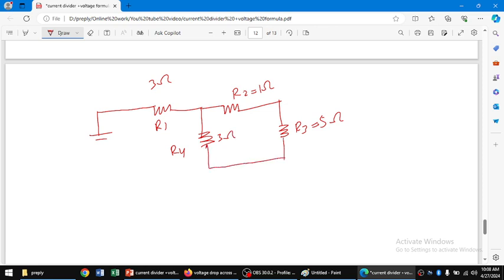And we want to find the potential drop when, for example, 10 volt is applied across the circuit. Okay, so let's think about this.